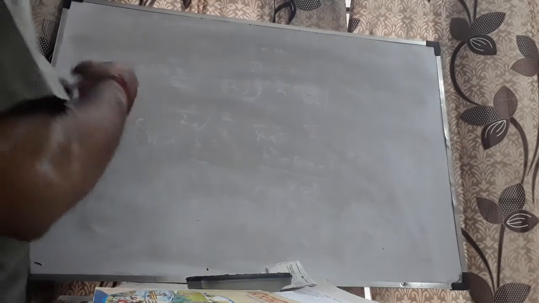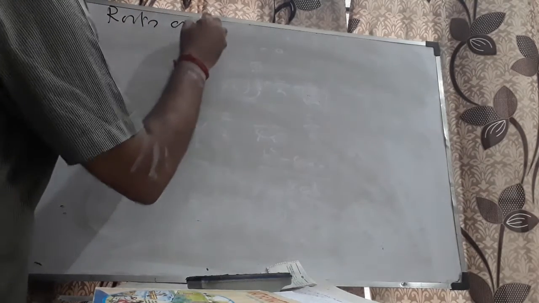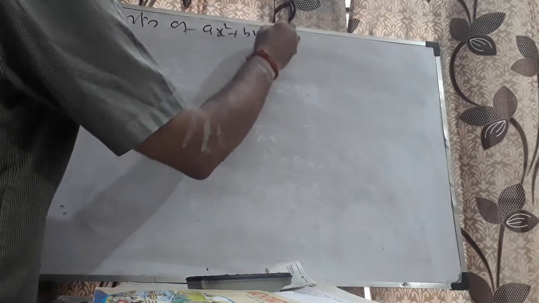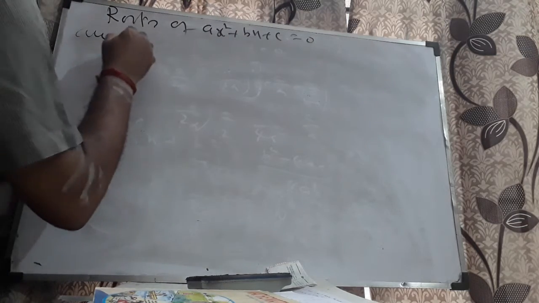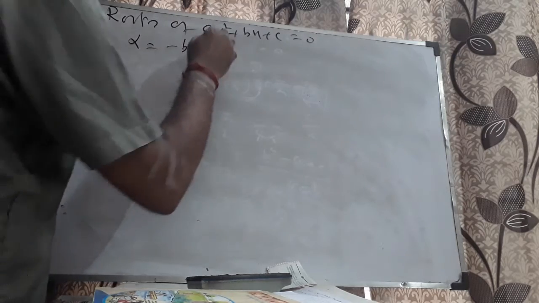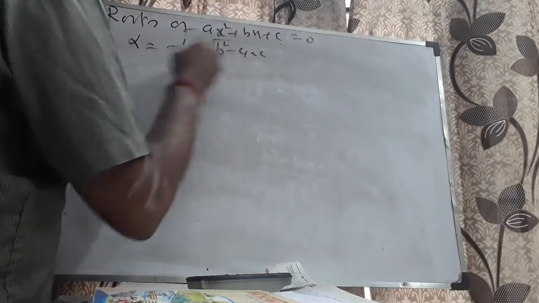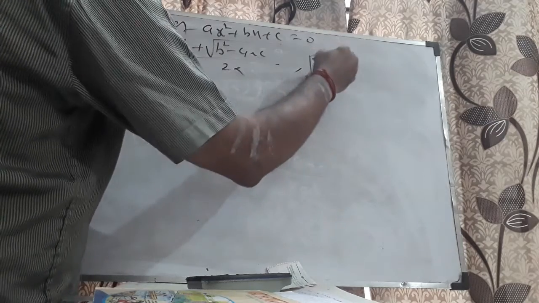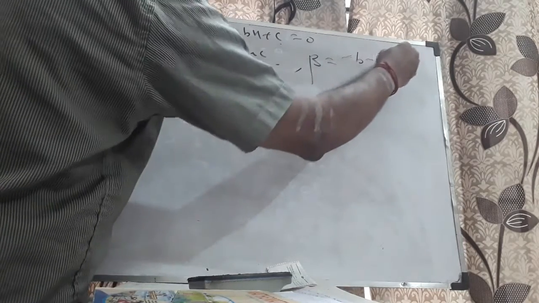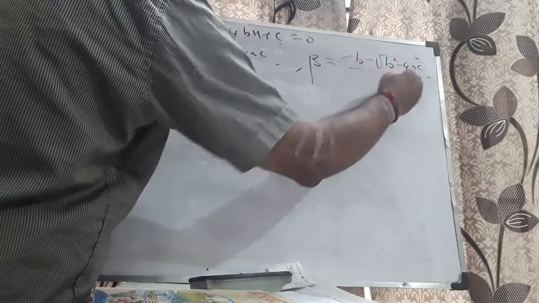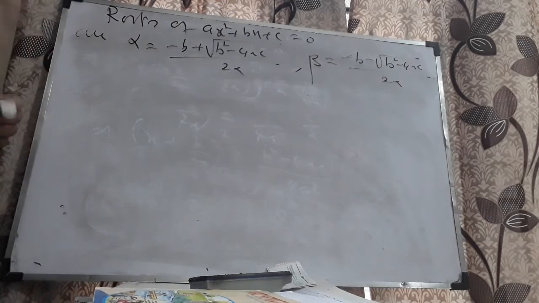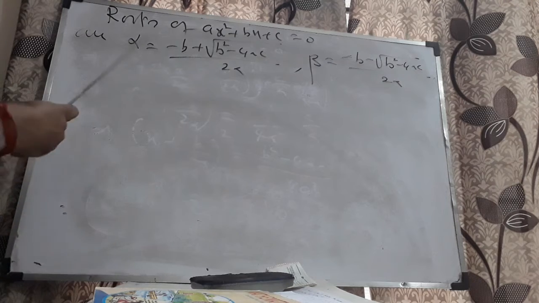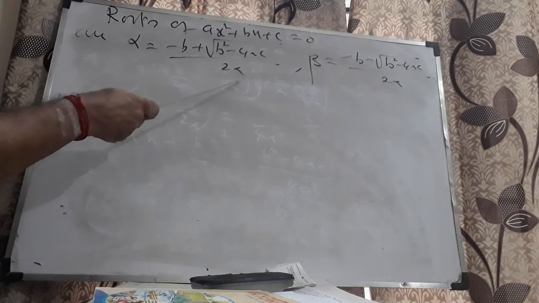Therefore, the roots of ax square plus bx plus c is equal to 0, I name one as alpha, which is minus b plus root of b square minus 4ac by 2a, and beta is equal to minus b minus root of b square minus 4ac by 2a. Okay, let me just repeat. I'll take one of the roots, I call it alpha, minus b plus root of b square minus 4ac by 2a.